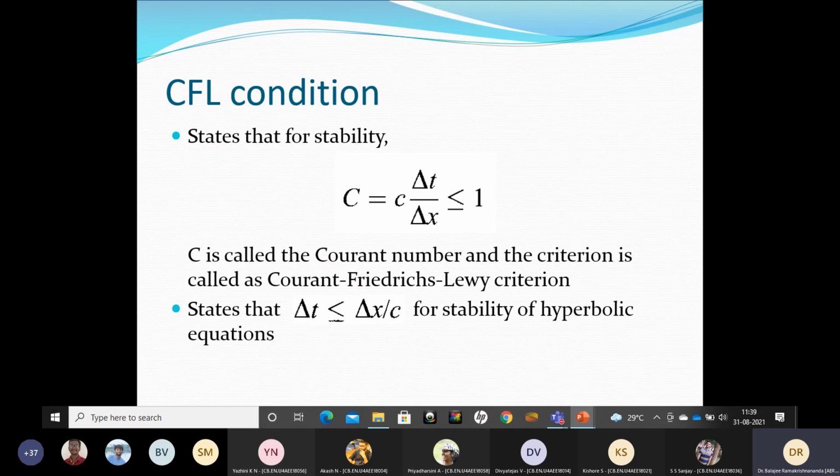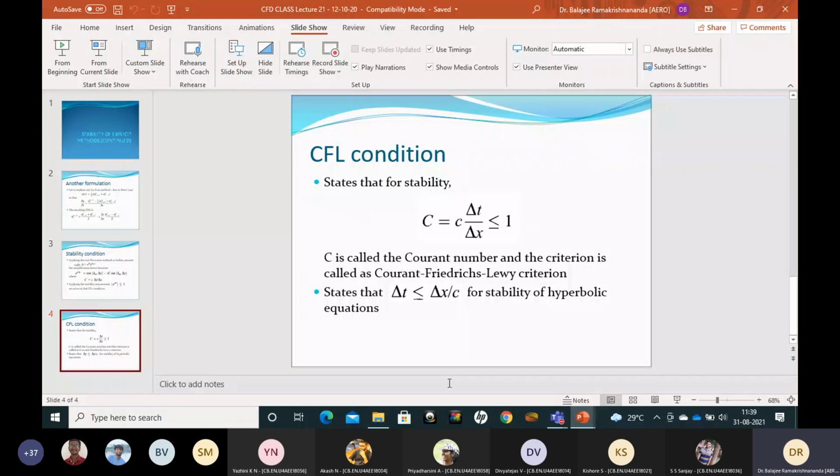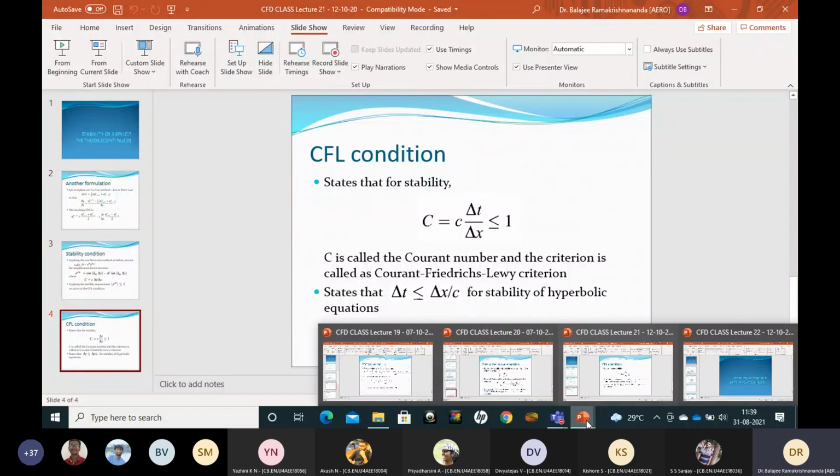In theory also, we made some approximations in formulating, because we are not modeling the error up to infinite terms. We are doing only finite terms. Because of this, we can get an idea of whether the equation will be stable or not using all this analysis.